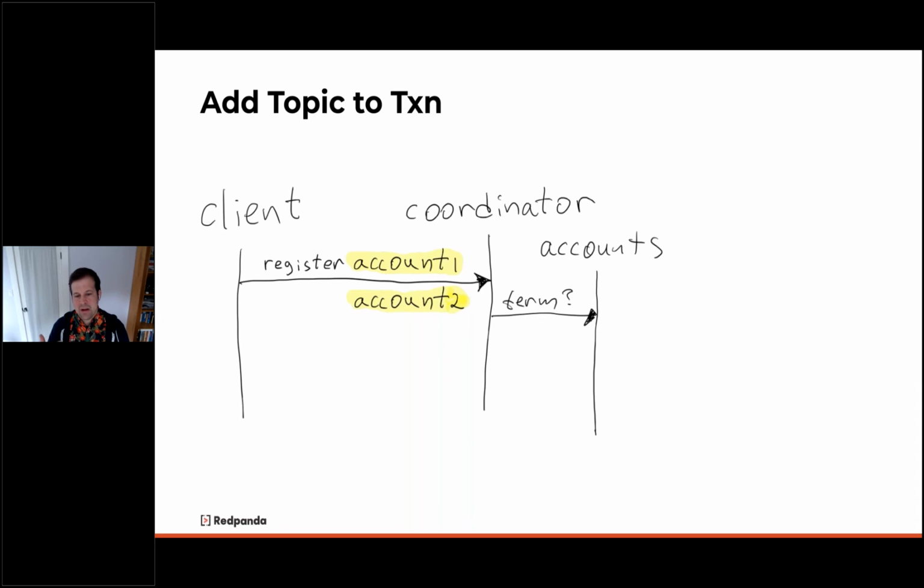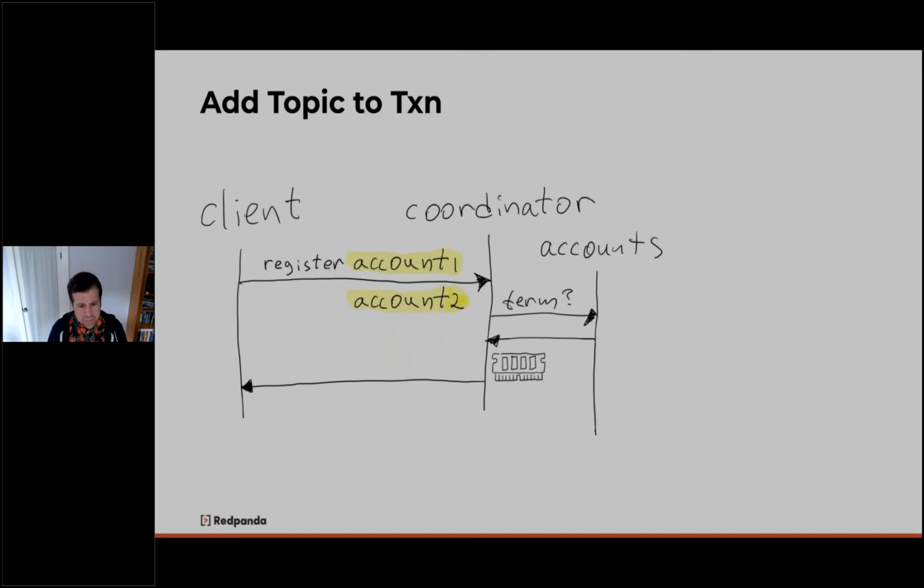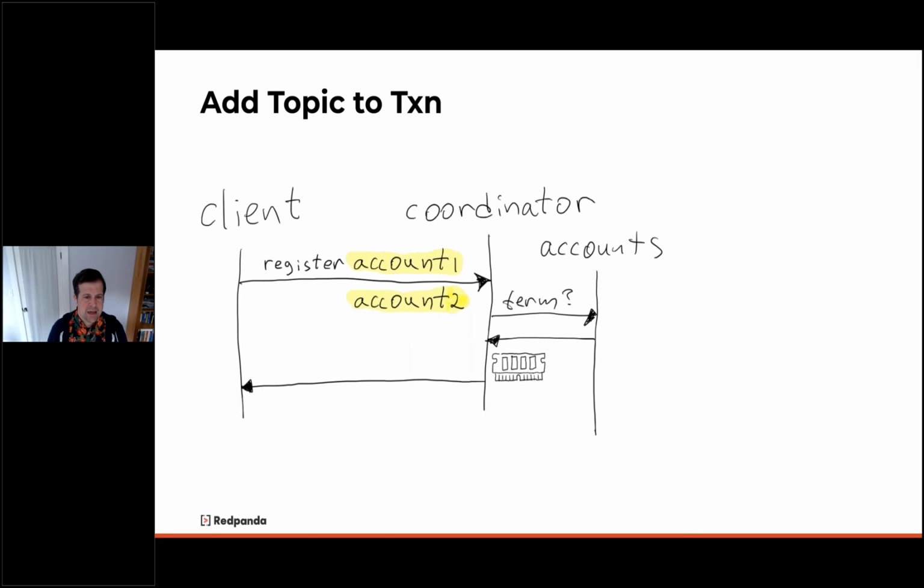So this would be kind of a sequence ID, if you will. We're getting the latest of that information from the two different accounts that we're interacting with. We store that term data into the coordinator's memory, and then we return back to the client that we're ready for the transaction itself.